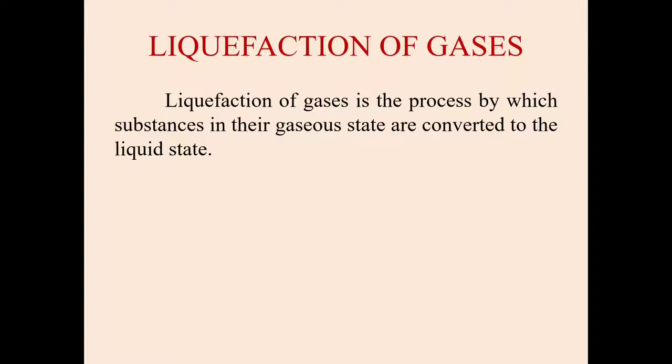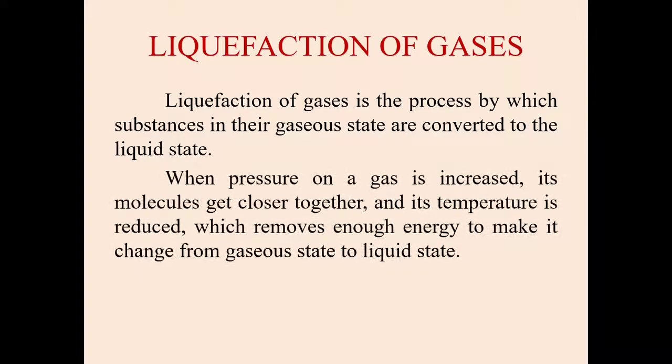How can we achieve this? We all know a gas is a loosely bound one. That means the molecules in gases are far apart from each other. So the first thing we have to do is bring all the molecules together. For this, we have to apply excess pressure on a gas.